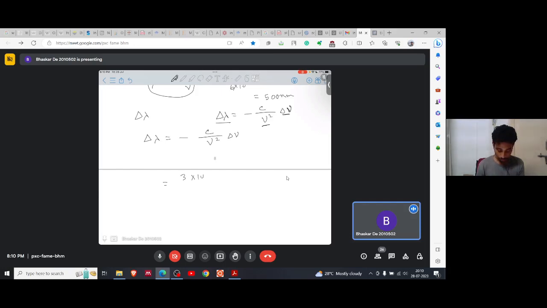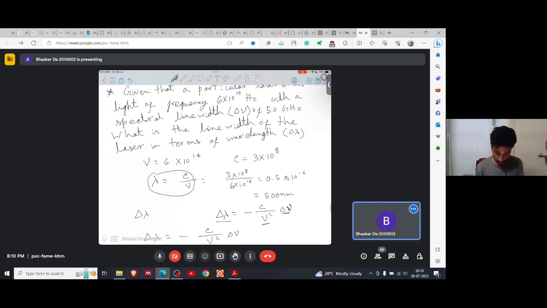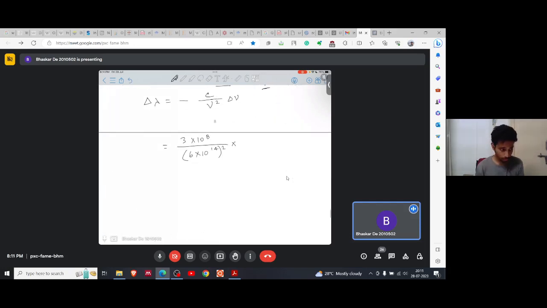So it will be 3 into 10 to the power 8 by nu square, which is 6 into 10 to the power 14 whole square, into delta nu, that is 50 gigahertz, so that will be 5 into 10 to the power 10. So this will give 0.04 into 10 to the power minus 9.